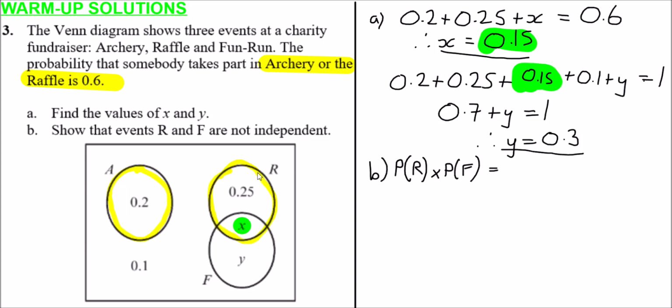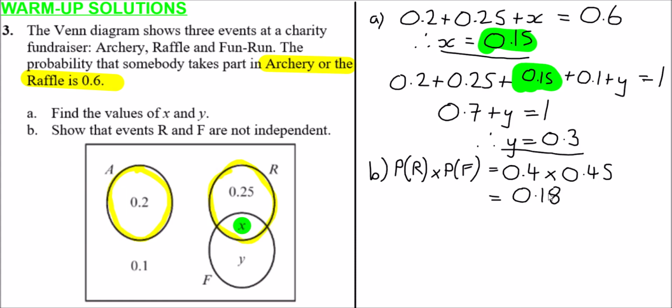So the probability of R would be 0.25 plus x, so 0.25 plus x is 0.4, multiplied by the probability that they pick the fun run, which is x plus y, and x plus y is 0.15 plus 0.3, that's 0.45. Multiply these two together, we'd get 0.18.